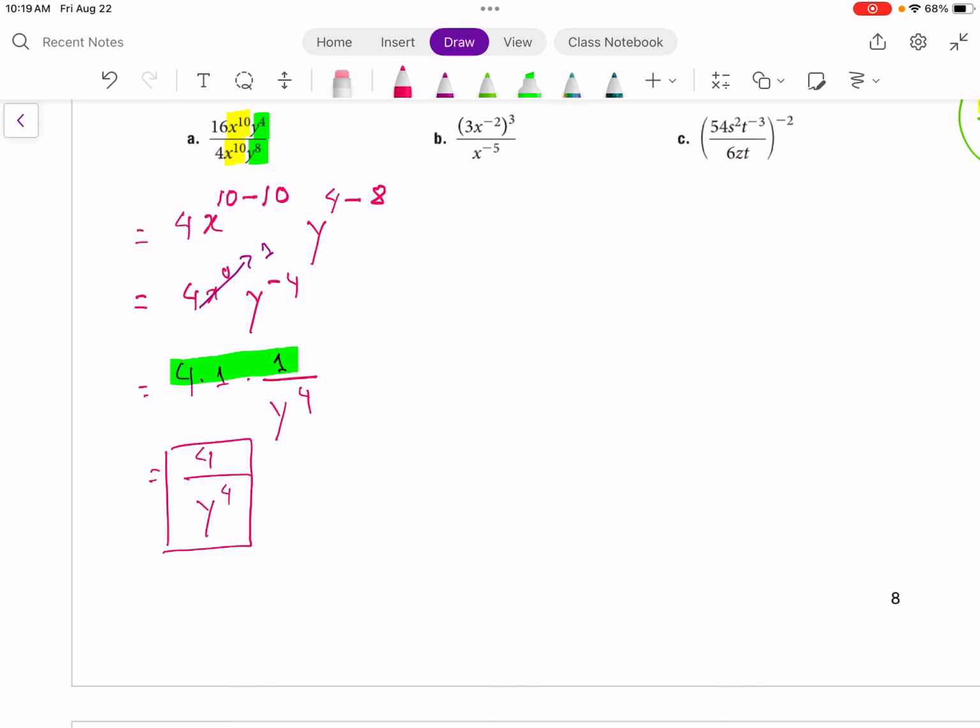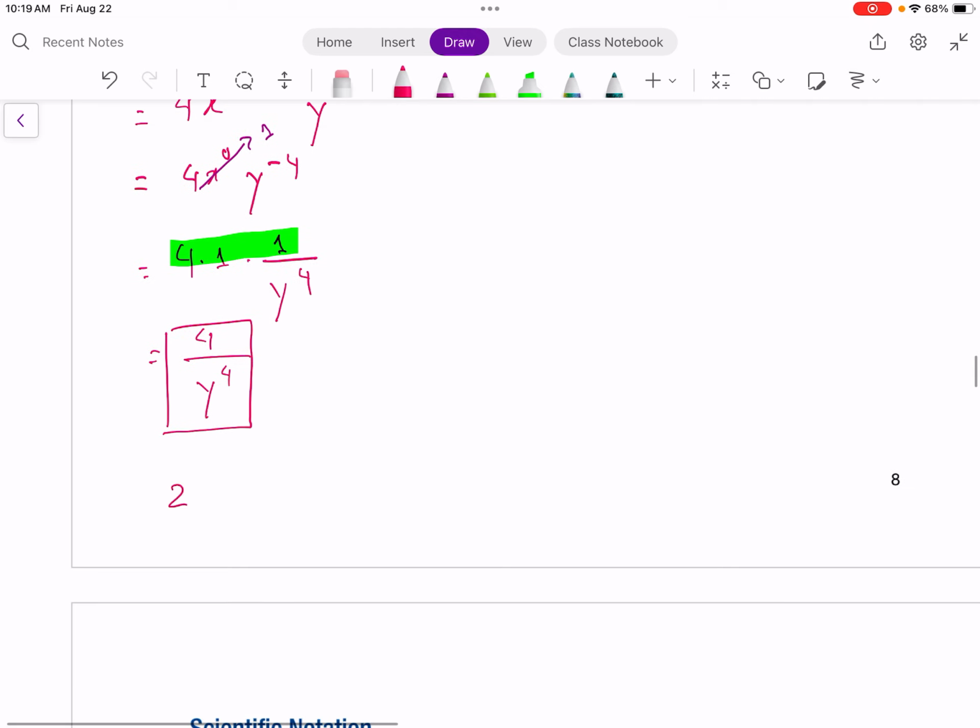One more. If we have 2 times (x minus 3) divided by (x minus 3), what will be the final answer for this part? Is there anything we can cancel? We have a 2 here, so this is one expression, and let's take this whole (x minus 3) as a second expression.